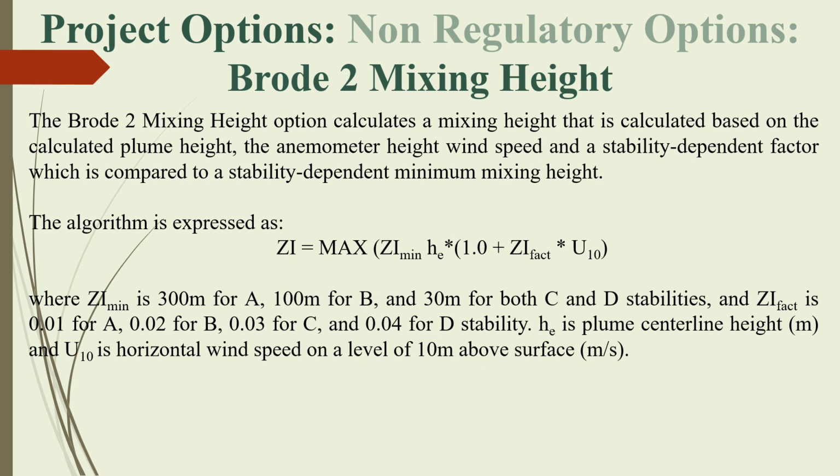So the building downwash mixing height option calculates a mixing height based on the calculated plume heights, the anemometer height, wind speed, and a stability dependent factor, which is compared to a stability dependent maximum height. So this algorithm is expressed where Zi is 300 meters for A, 100 meters for B. So this depends on the stability class.